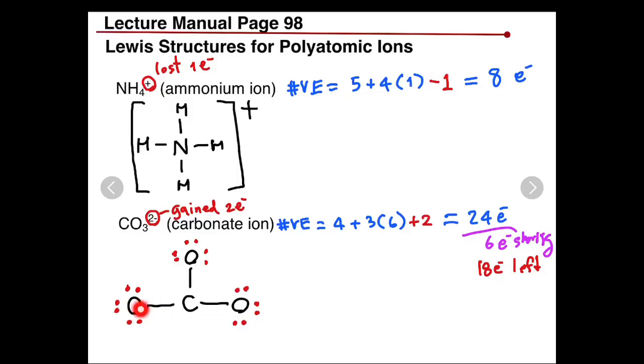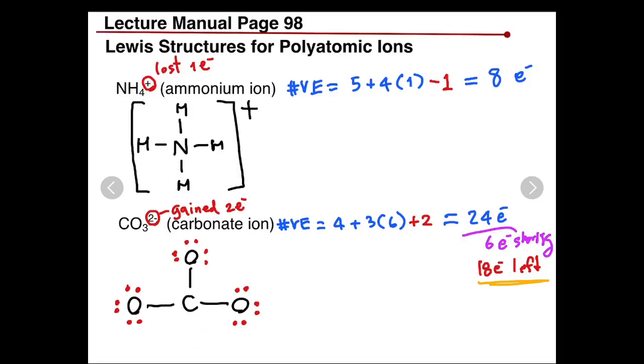This also has an octet. Now, if you count off these electrons that I just distributed, 1, 2, 3, up to 18, it is equal to what we had left. So the overall of these come out together is equal to 24.